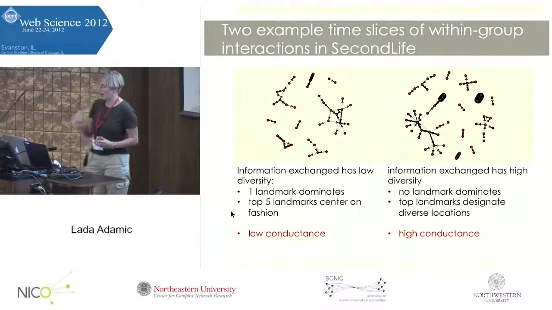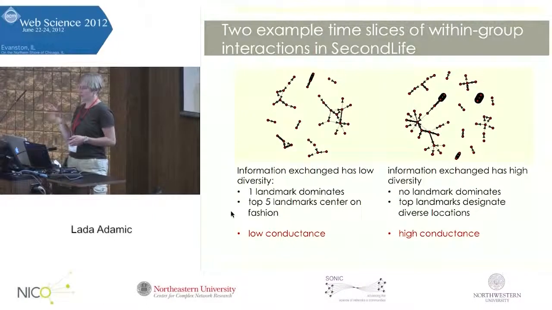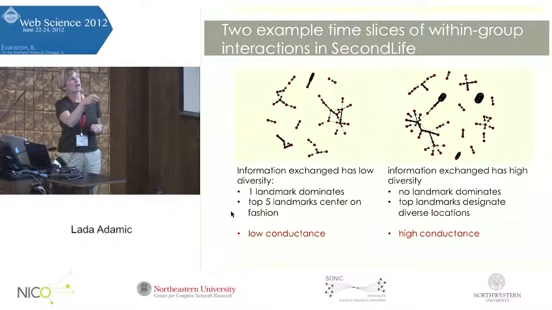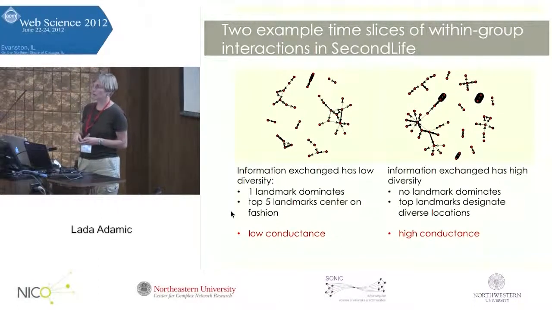So if we start looking at these segments, this is in Second Life, just two example segments. We have one that has low conductance and one that has somewhat higher conductance. In the low conductance one, there's one dominant landmark that's being traded that has to do with fashion. It's for a boutique. And actually, a bunch of the other dominant assets being traded are also landmarks having to do with fashion.